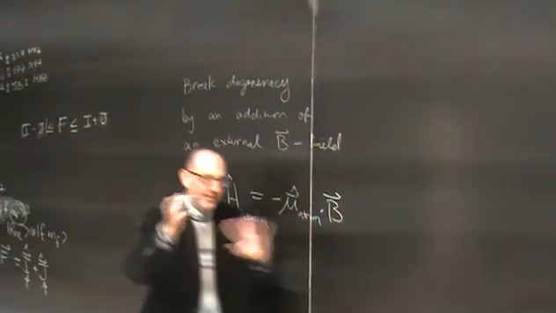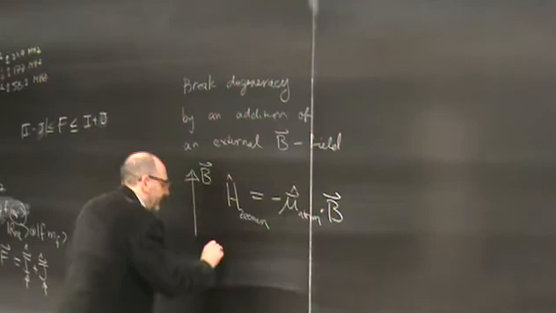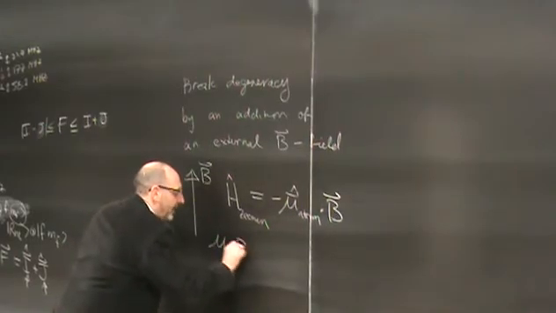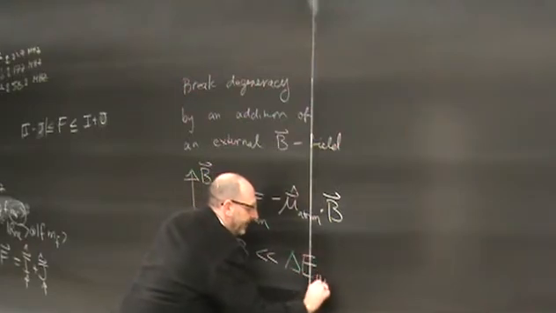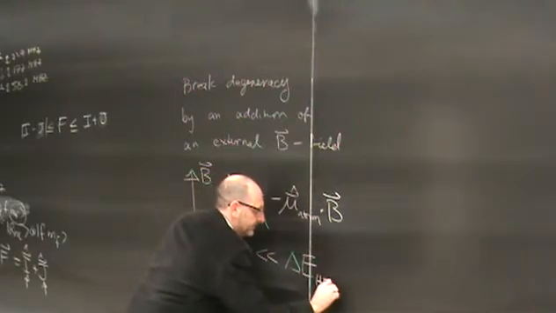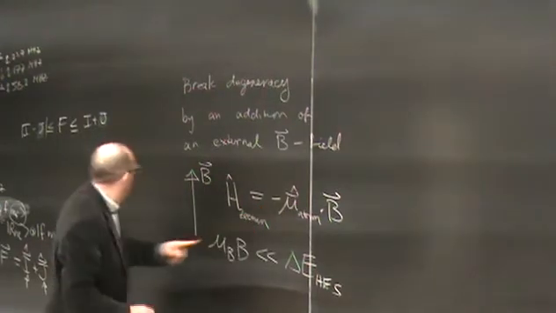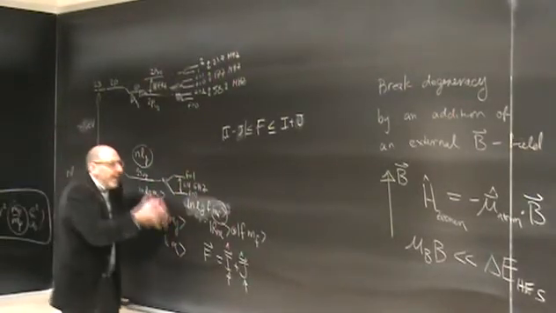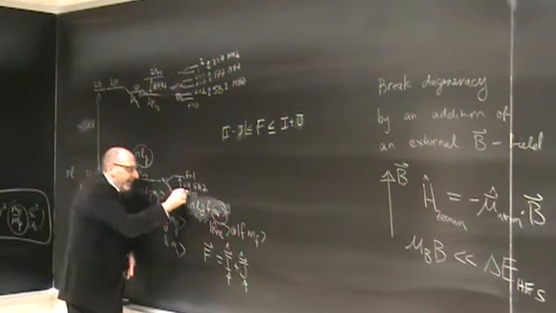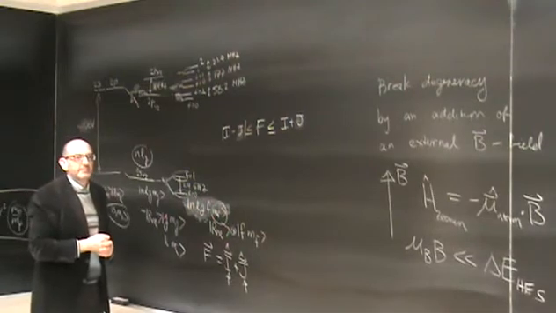And that's one of the things you're looking at in your homework. Effectively, when the Bohr magneton times the magnetic field is much, much less than the hyperfine splitting of energy, then this is a perturbation relative to this, in which case we would do degenerate perturbation theory within each subspace individually, right?